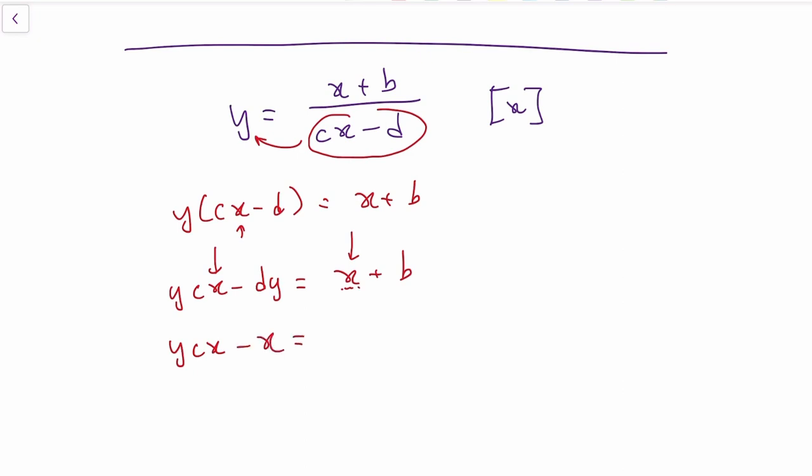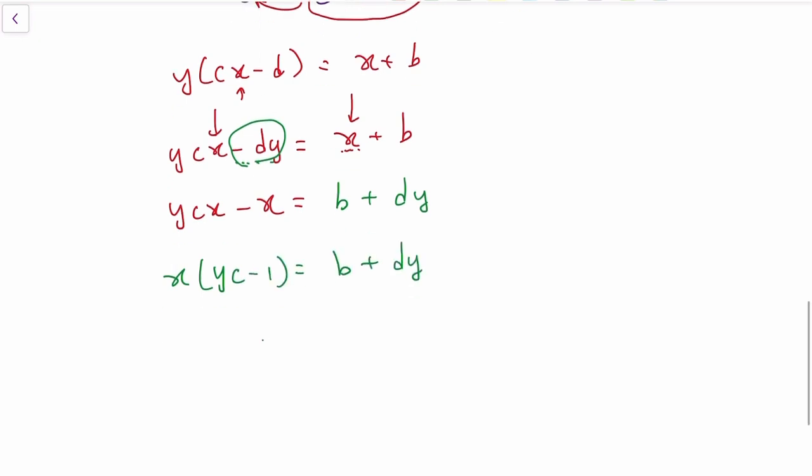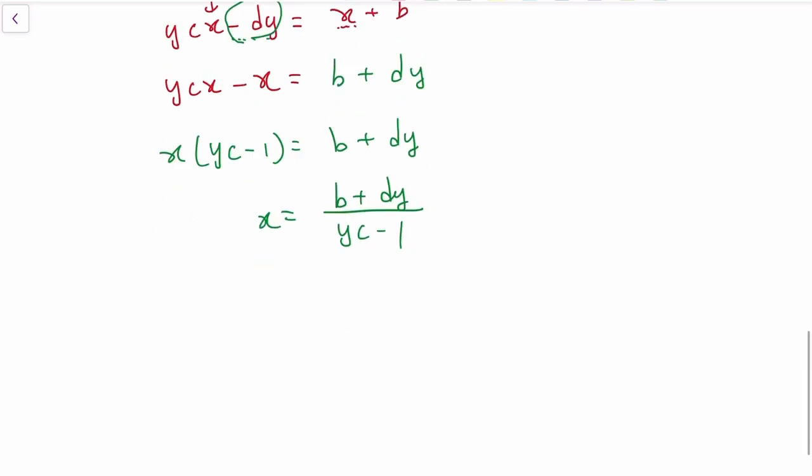We also want all the terms with no x to go to the other side. So we also move this. So it becomes b plus dy. And similarly, we'll just factor out x on the left. And then divide. Okay.